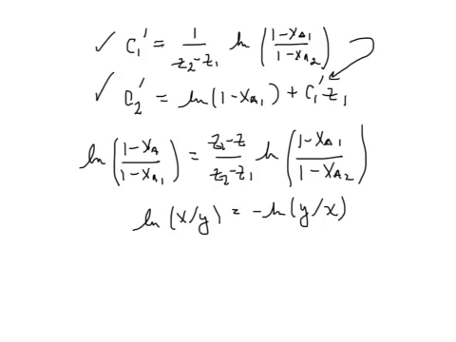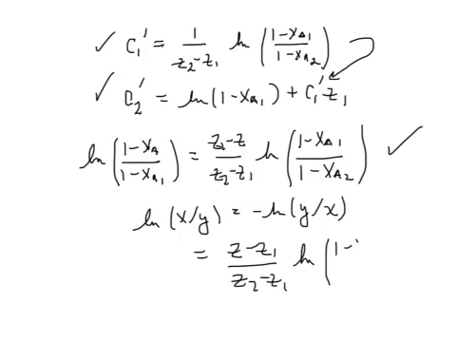So we can rewrite the right-hand side of this equation as simply (Z minus Z1 over Z2 minus Z1), so now those are positive quantities, and then the log of (1 minus XA2 over 1 minus XA1).